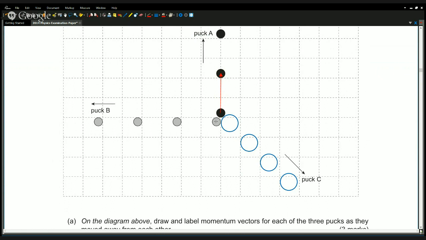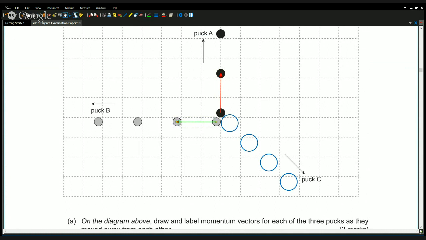From the center of that one, check a different color. All right, so we've got that.